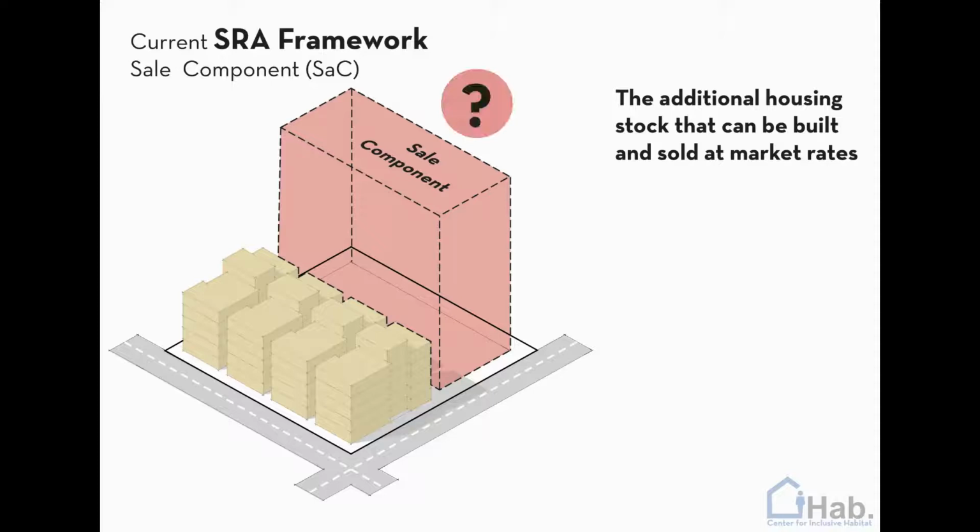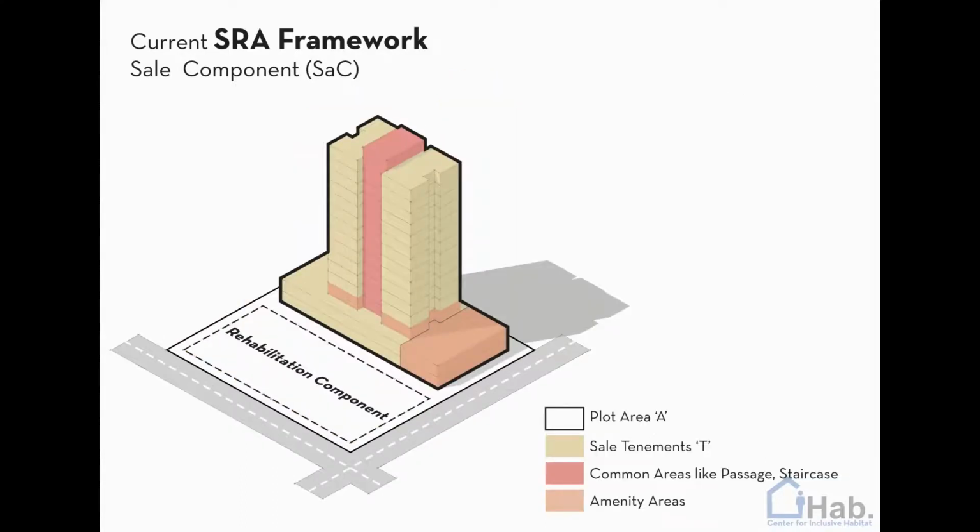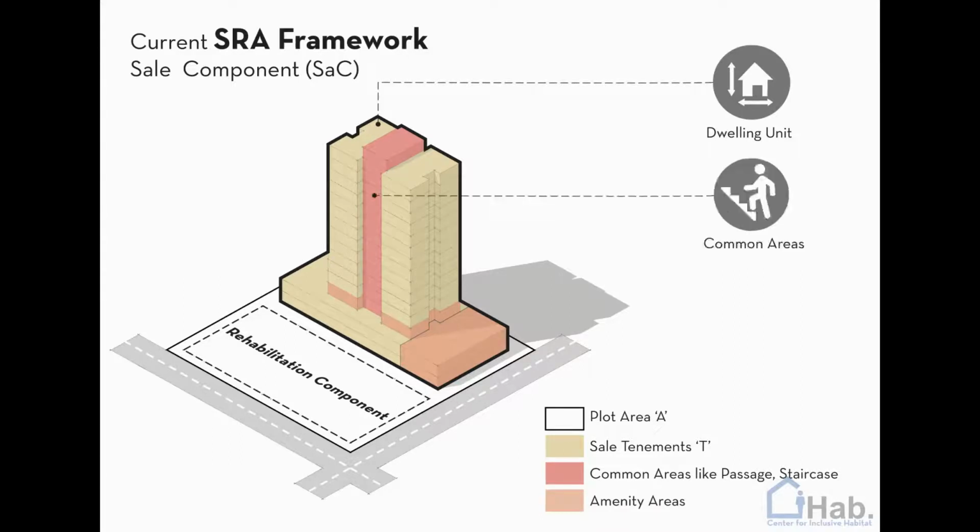But how much sale component can the developer build? That is determined by the ratio of the rate of land to the rate of construction in that locality. Sale component will also comprise of the dwelling units, common areas, and amenities.